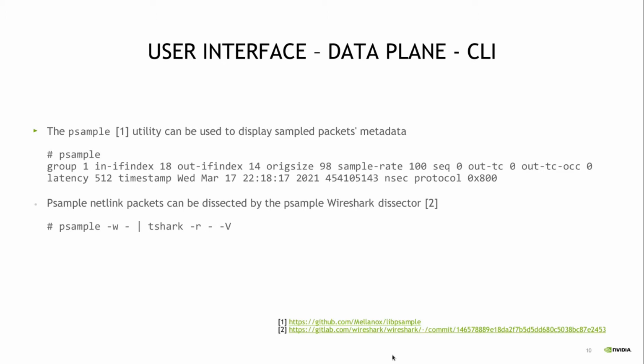And this tool can also be used in order to pipe these netlink packets in pcap format to tshark or Wireshark for dissection. And Wireshark has upstream support for dissection of these psample netlink packets.